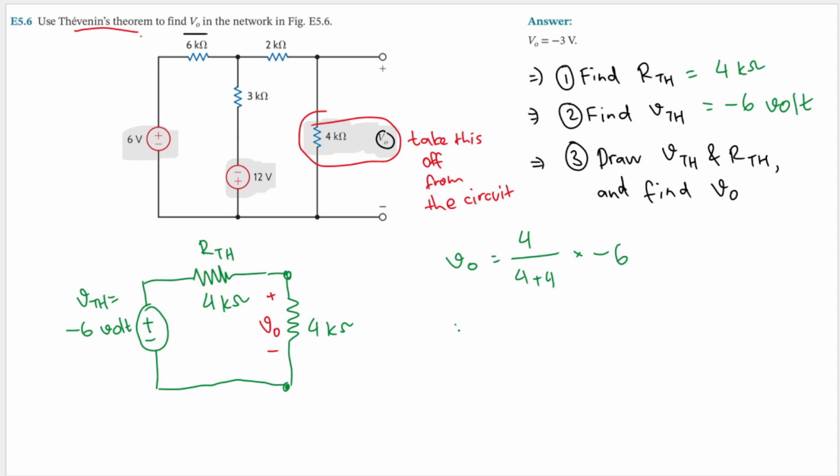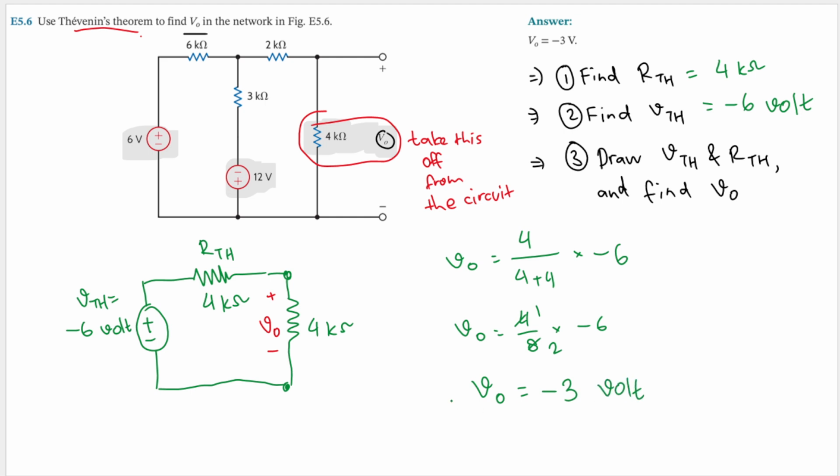Good. Now we'll have V0 is equal to 4 divided by 8 multiplied by minus 6. This will cancel into 1 and 2. Then 1/2 multiplied by minus 6 is minus 3. So I'll have V0 is equal to minus 3 volt.